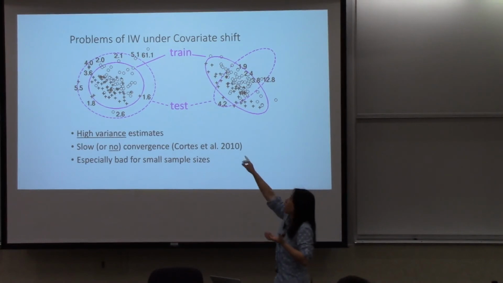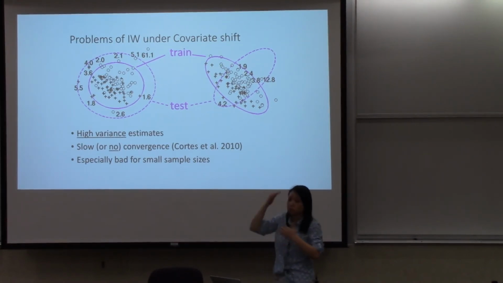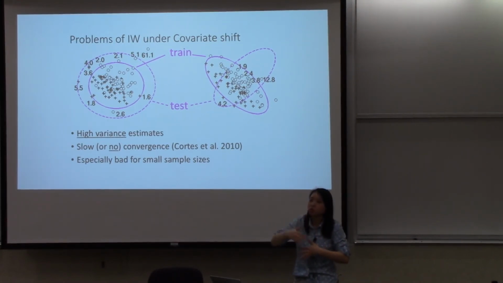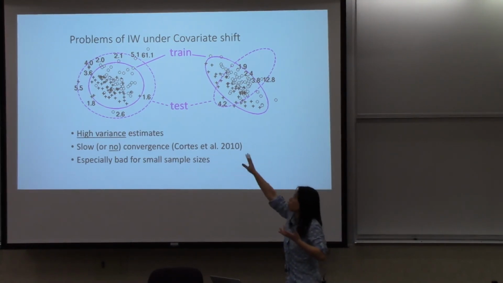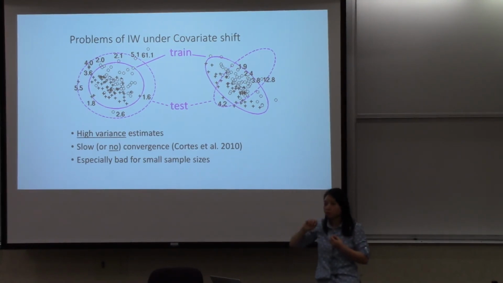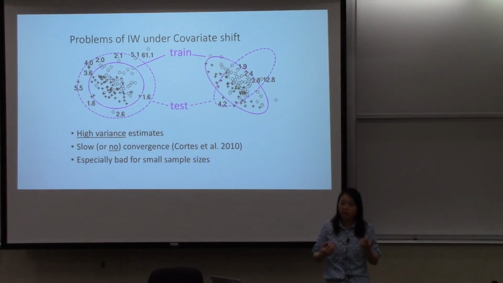That means you have maybe 61 copies of that data point. It's equivalent to duplicating some of the data in your training set, so you can be dominated by those. That's one of the reasons why we can have high variance in importance weighting.